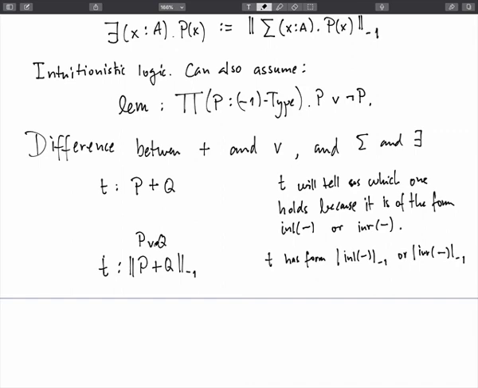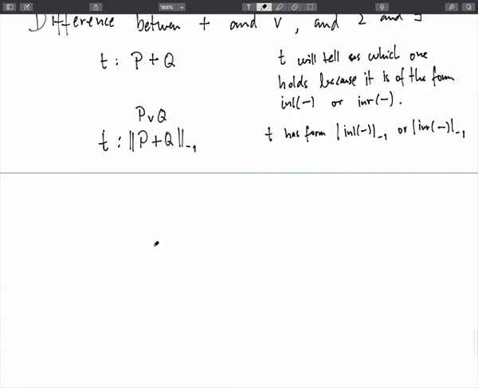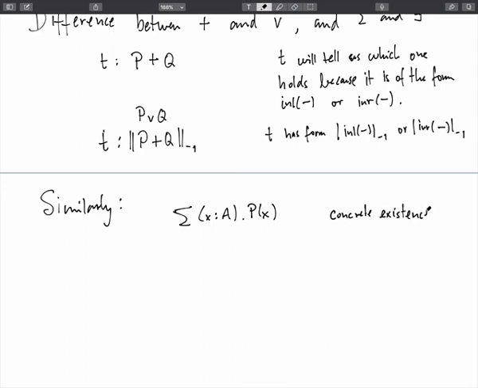And this is something that is very much present in mathematical practice. Mathematicians, if you observe how mathematicians work, they very much use this notion. And similarly, for exists, if I say sigma x in A, P of x, this means I'm giving you a concrete existence, I would call it. I need good names for these. Concrete existence, where we actually have a witness. It's going to be the first component.